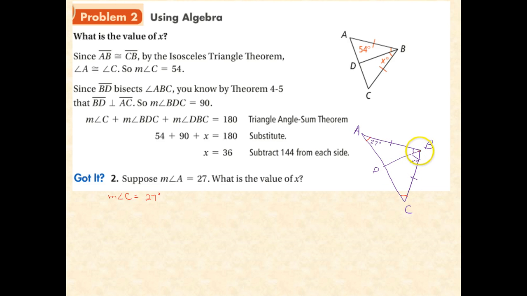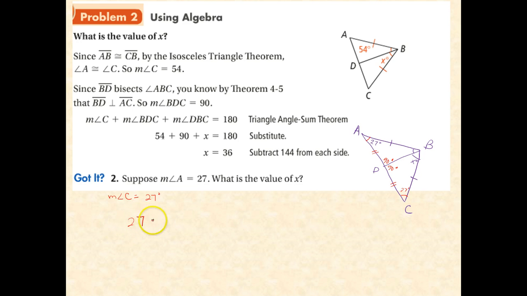By theorem 4.5, since segment BD is bisecting the vertex angle, we know that both of these angles here are 90 degrees. We also know that segment AD is congruent to segment CD, but we don't actually need that right here, because we know that 27 plus 90 plus x has to equal 180.